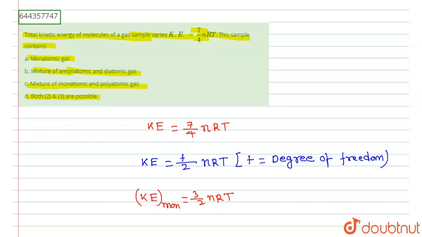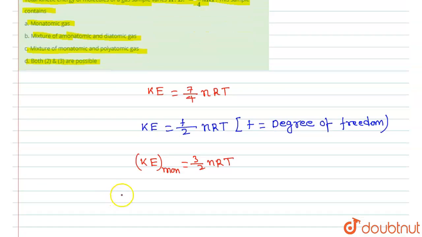For diatomic, the degree of freedom is 5, because 3 is translational and 2 is rotational. So the kinetic energy for diatomic is 5 divided by 2 nRT.